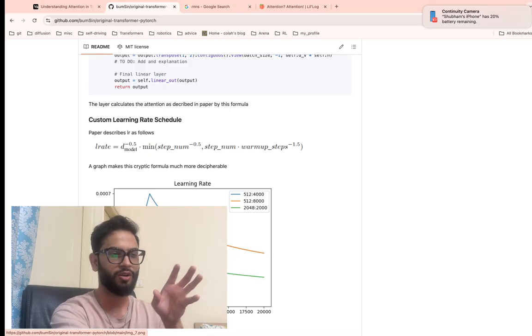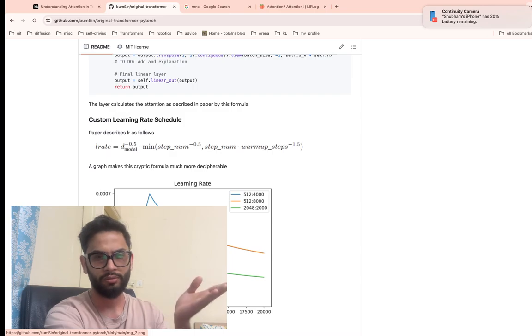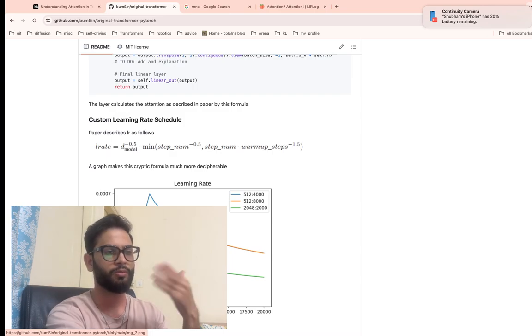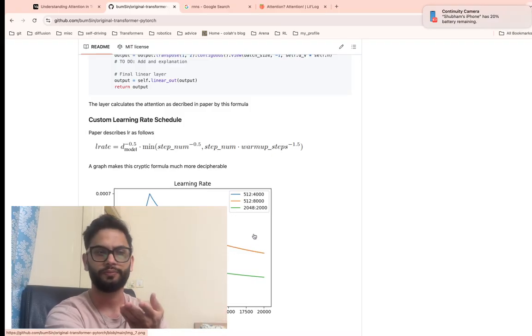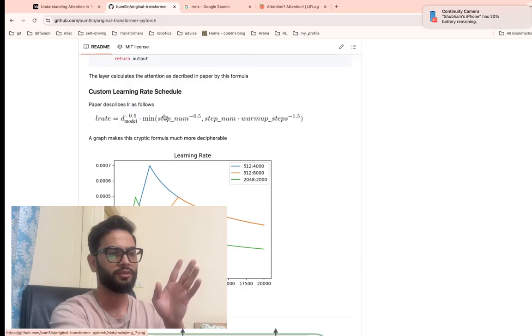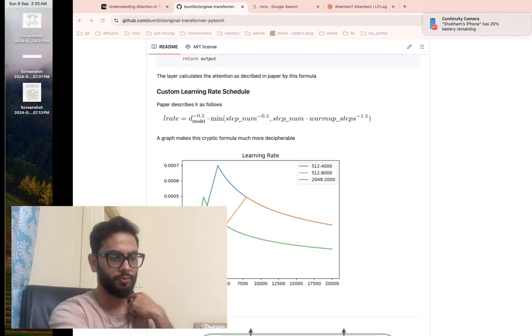That is a little complicated, but it helps a lot, and I think it is pretty intuitive how that will help, because for warm-up steps we are not going to reach our local minima. So let's just keep on increasing, and once warm-up steps are done, let's start the decay. That is what they're doing in this difficult looking formula. That is pretty much straightforward. Let's move forward in the paper.